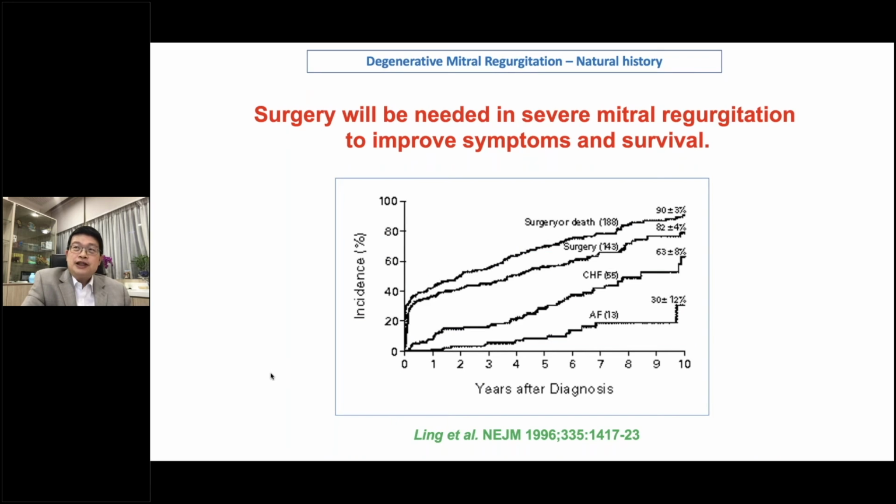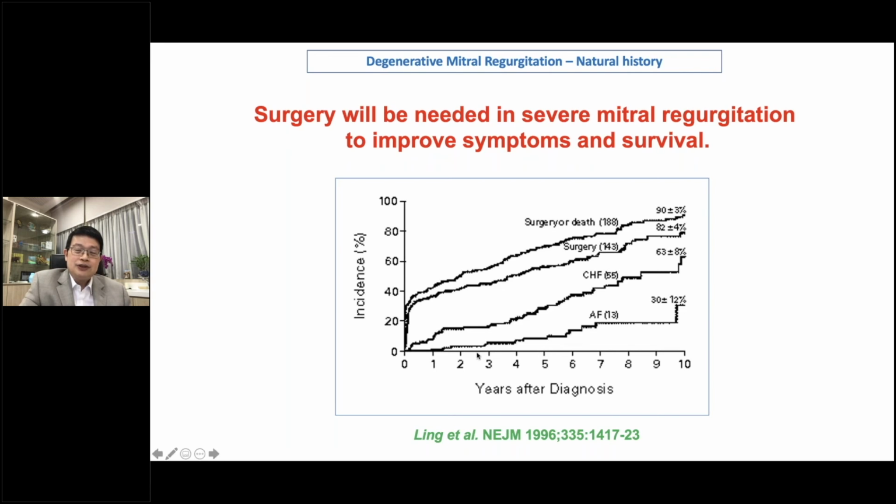The natural history of severe degenerative mitral regurgitation is well known, and this is one of the early studies published by Ling et al. in 1996, where he looked at what happened to patients with severe degenerative mitral regurgitation treated medically.